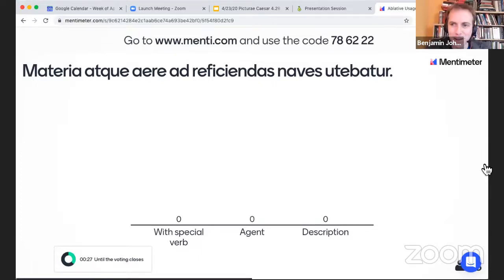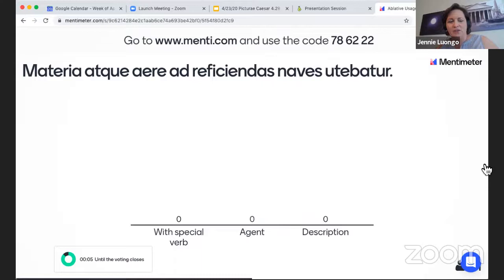You have to use your brain to think of this, though. You have to use your eyeballs. I do like the gerundive phrase too, I just threw that in there. So ad reficiendas naves is not ablative at all and not the key to figuring out this ablative. Instead, utebatur is what you need.